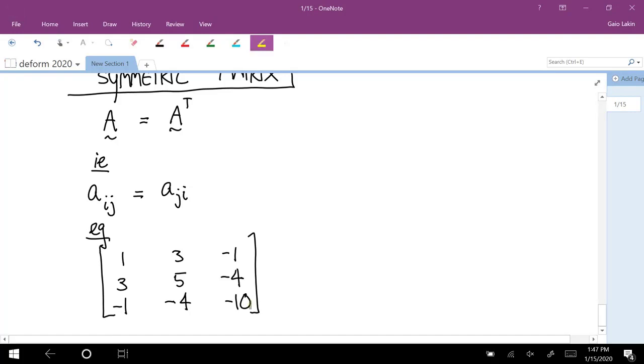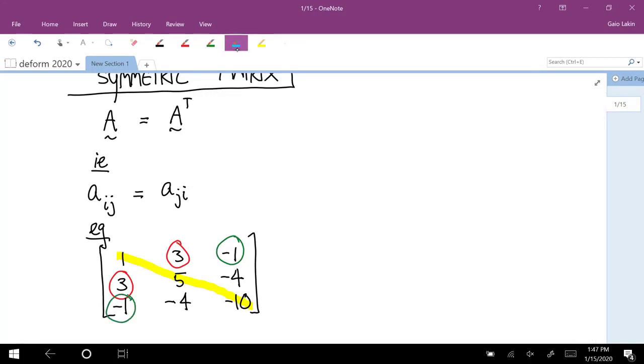So it's symmetric because after you forget about the diagonal, the 1,2 equals the 2,1, the 1,3 equals the 3,1, and the 2,3 equals the 3,2.